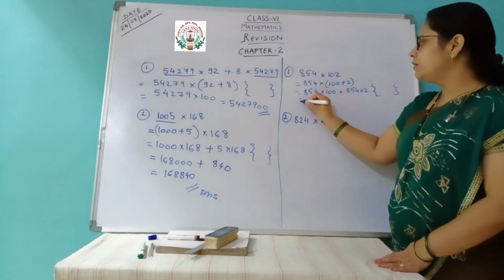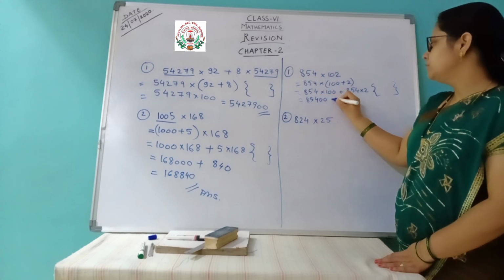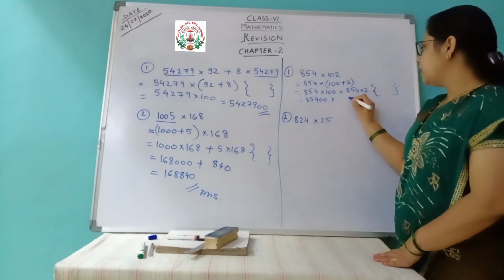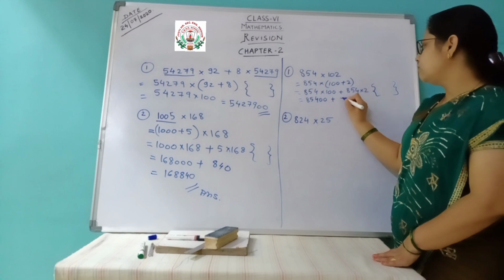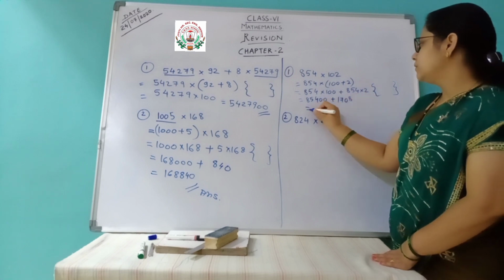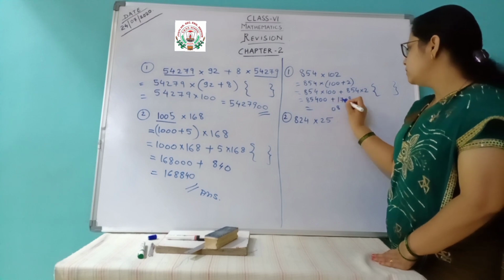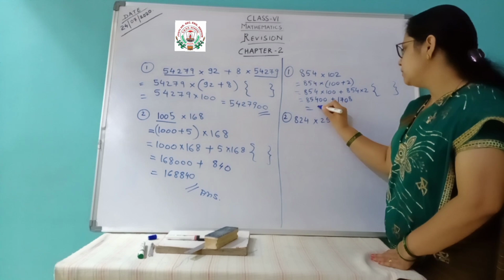Now multiply 854 and 2 zeros will come, plus multiplication by 2 we can do easily. 2 4s are 8, 2 5s are 10, 0 and carry 1, 2 8s are 16 and 1, 17. So 85,400 plus 1,708.